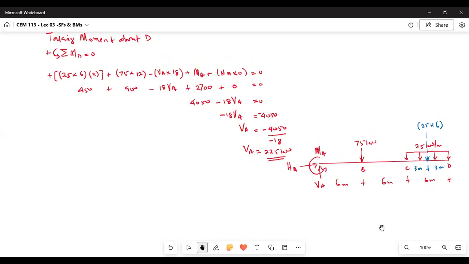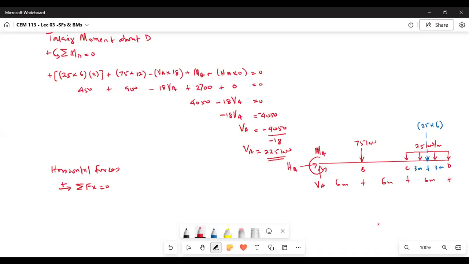We have horizontal forces. There's a horizontal reaction here, okay? So we need to consider the horizontal forces. Sum of forces in the x direction should be 0, and going to the right is positive.